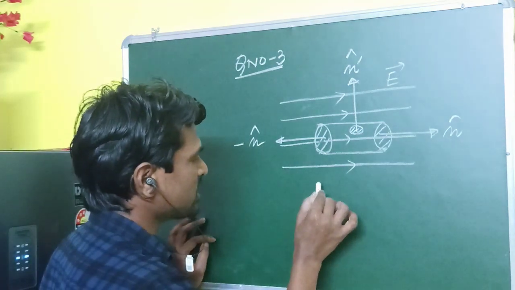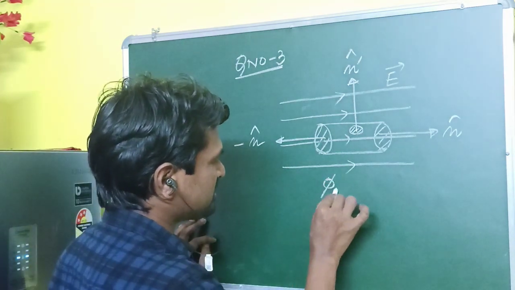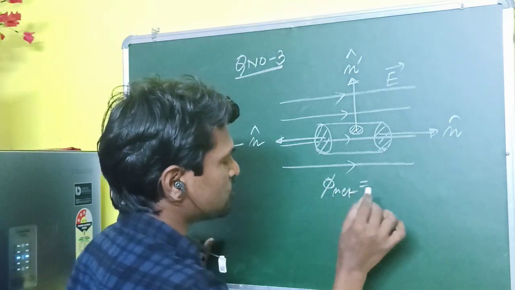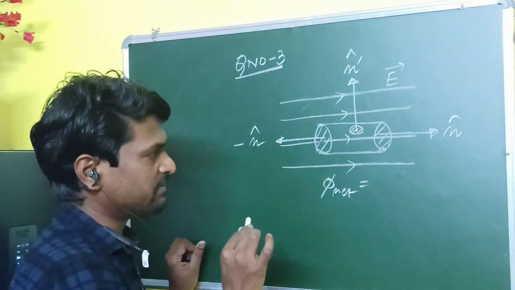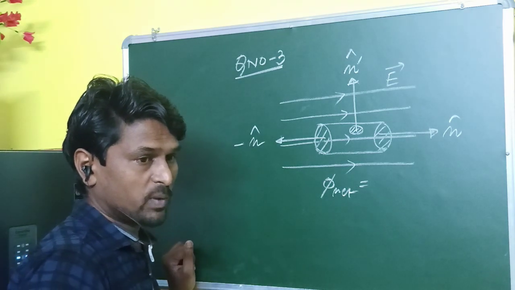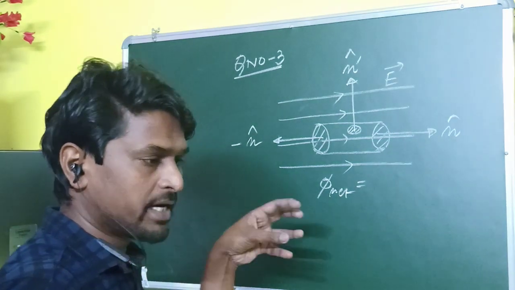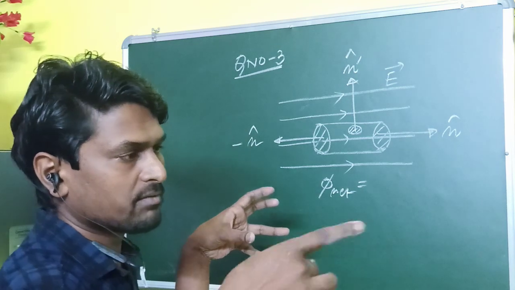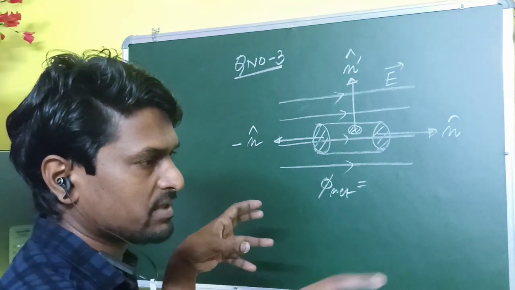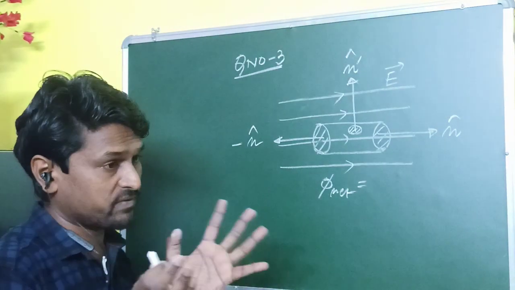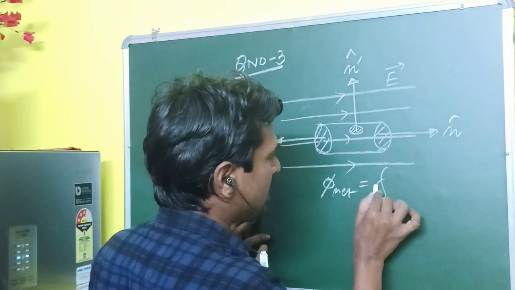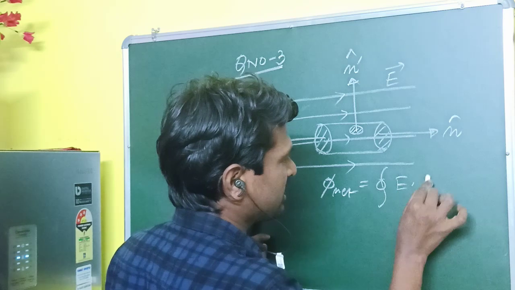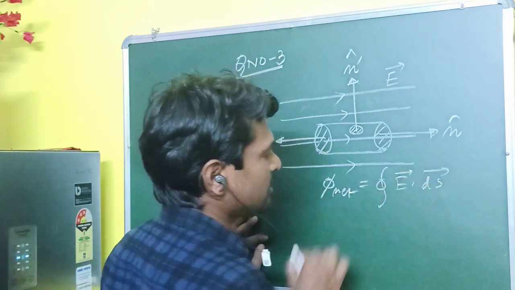So if you take a closed integration, there is the net flux for that particular surface. Net flux means the amount of flux entering the surface minus the flux leaving that surface. What is the enclosed flux? Flux equals the closed integration of E dot ds, by the definition of flux.